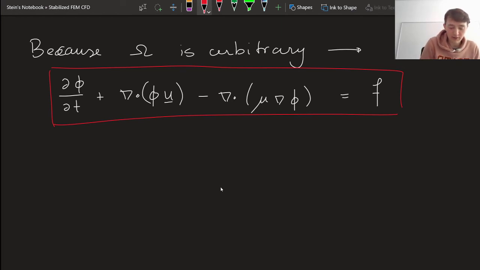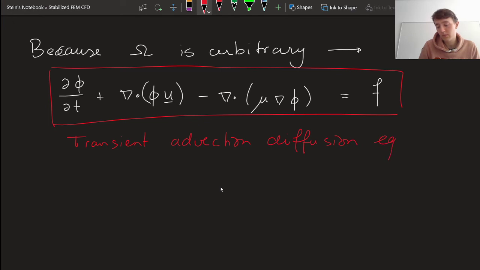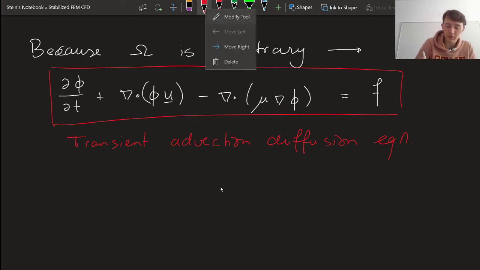So this is what we typically call the transient advection-diffusion equation. Transient means that it's not steady state, and that we can see because of the time derivative on the left hand side. So I want to simplify this equation because I want to get to the core of the advective problem. So I'm going to make a couple of assumptions.